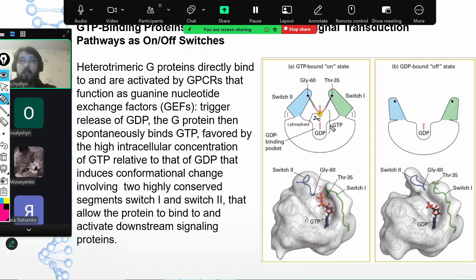But eventually this GTP will transform into GDP. You see this bond, it will break, it will release inorganic phosphate, and you will get the protein bound to GDP. The conformation of switch 1 and switch 2 will change because this phosphate goes away, so they change their conformation back, and you get your G protein in the off state.